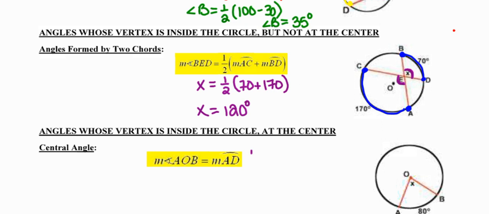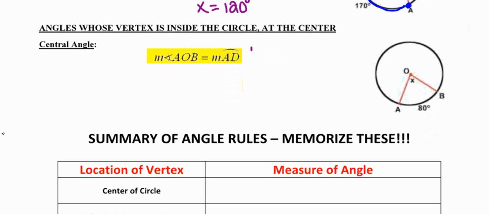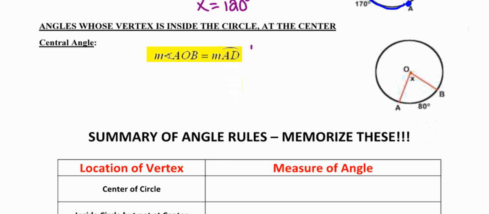But again, what we're doing is saying the degree measure of the angle is equal to half the sum of the two arcs, or the average of the two arcs. And we know from our previous studies that when the vertex is inside the circle and at the center, the degree measure of the angle is equal to the degree measure of the arc. That would be a central angle. So in this case, X would be equal to 80 degrees.